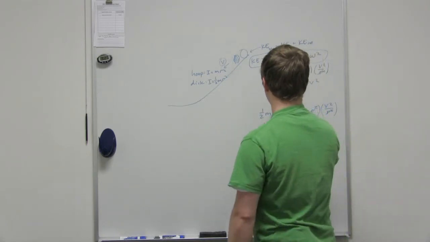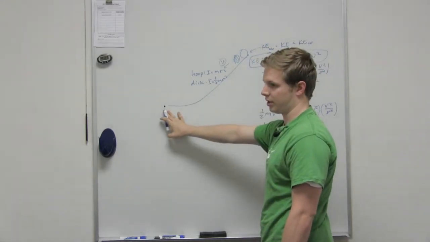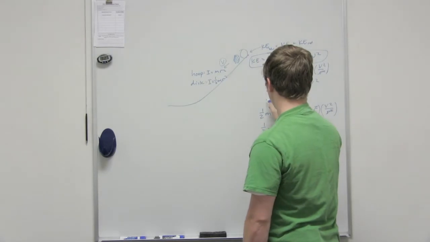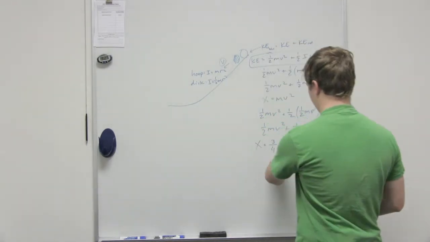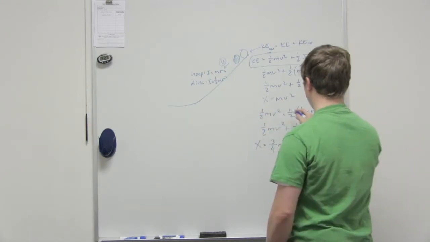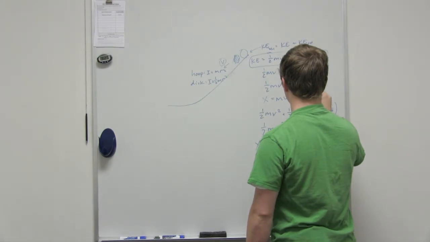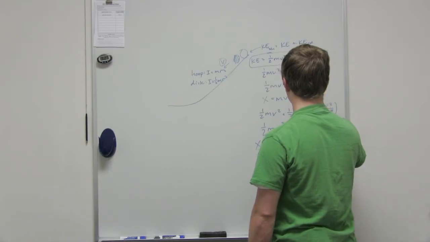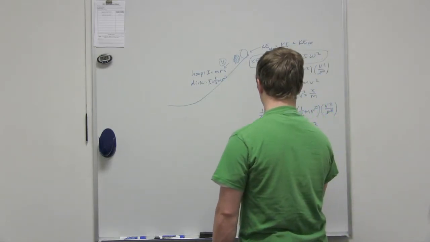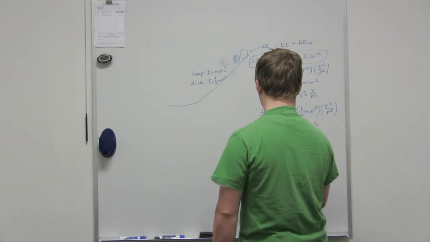Because they're going to have the same kinetic energy at the bottom, as the potential energy at the top, you can have whatever number here, it doesn't matter. When you solve for velocity, velocity squared equals x divided by m for the hoop, and for the disc it's 4/3 x divided by m.